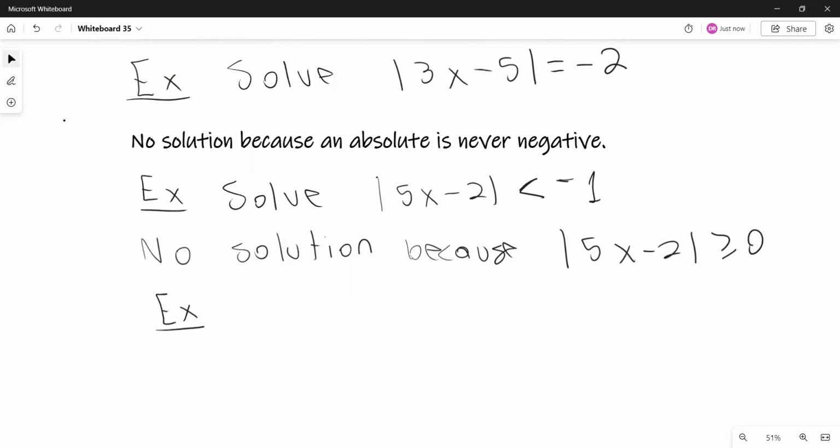And on the other hand, if you have the absolute value of 5 minus 10x, let's say this is greater than -1.